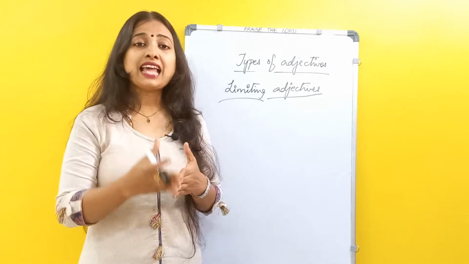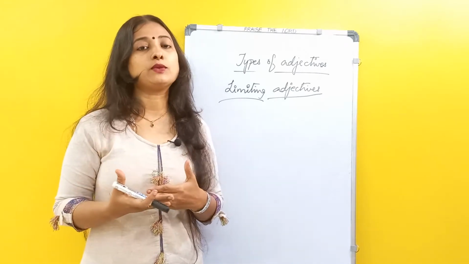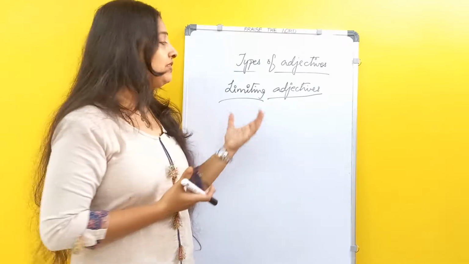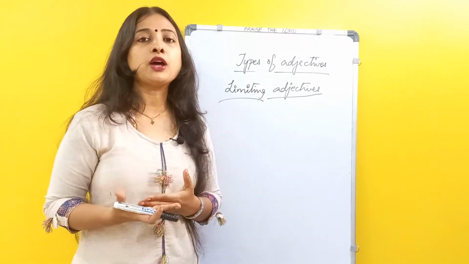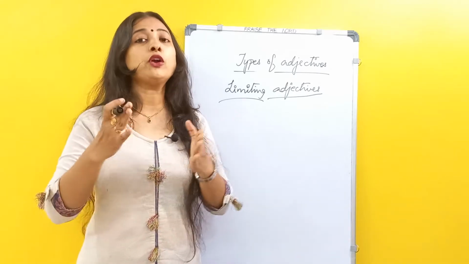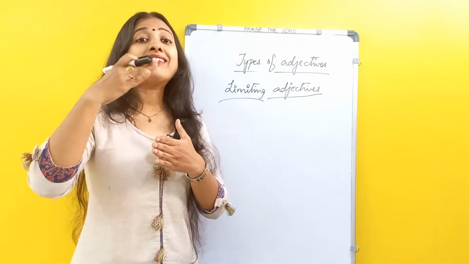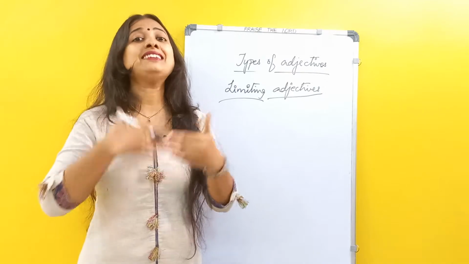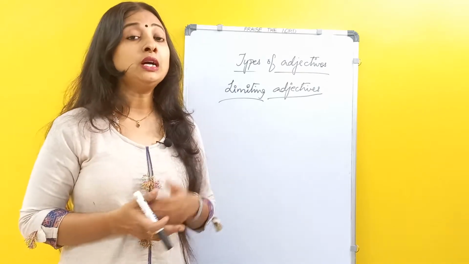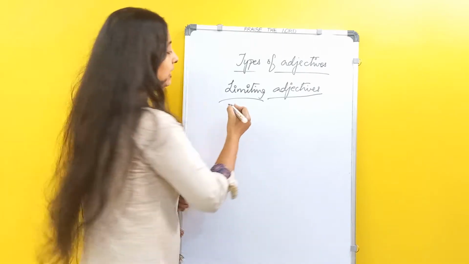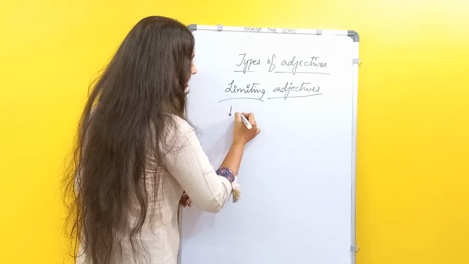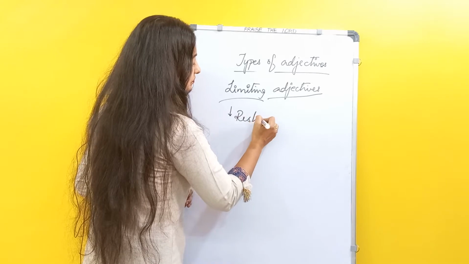Basically, these adjectives are used to modify the nouns, right? So how do limiting adjectives modify the nouns or pronouns? The limiting adjectives modify the nouns or pronouns by restricting them rather than actually describing the qualities or traits.